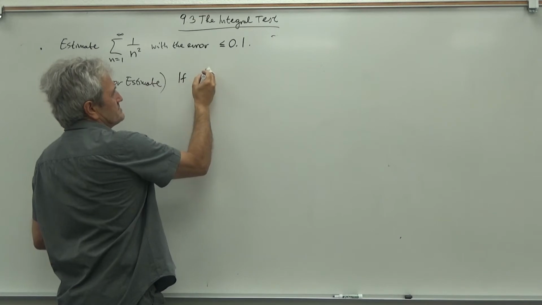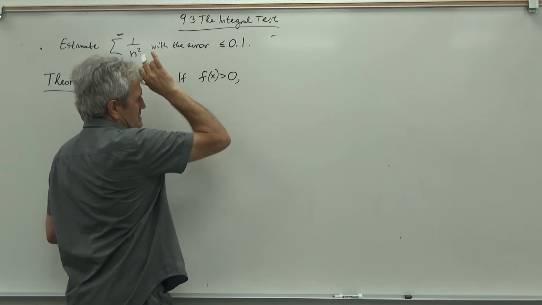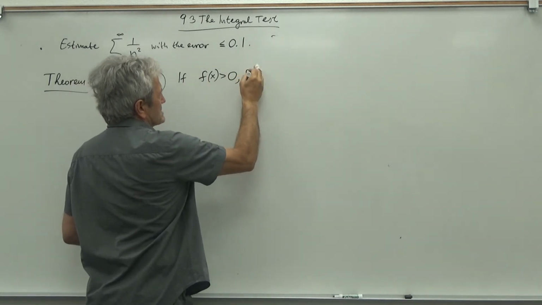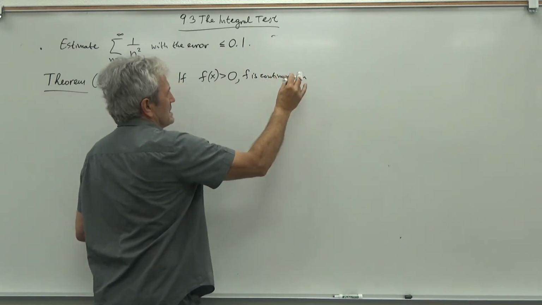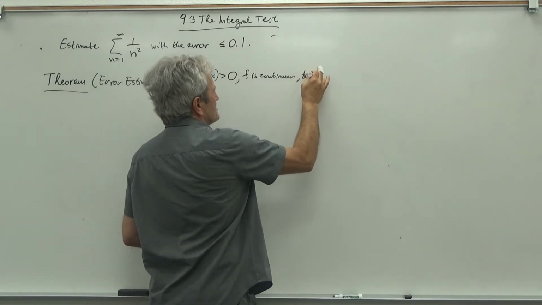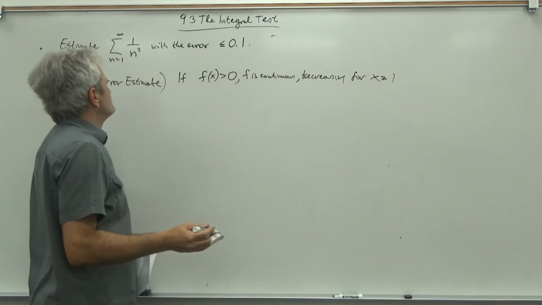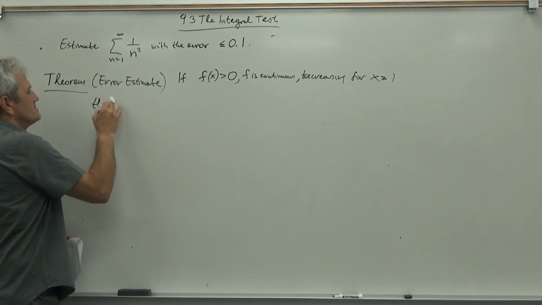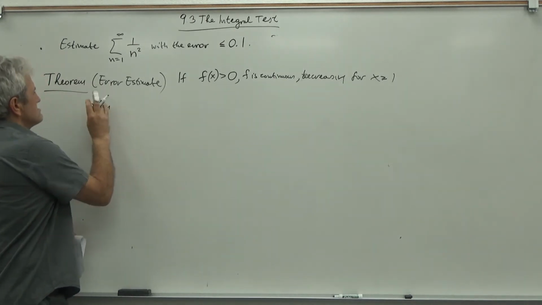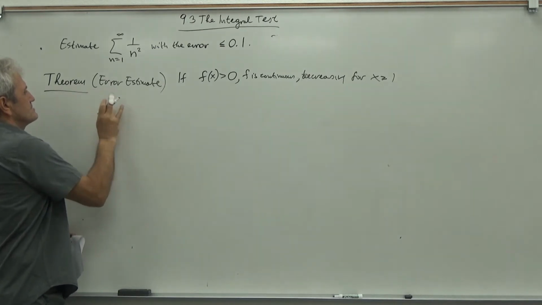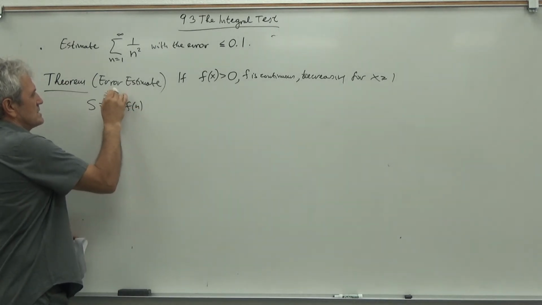If f of x is greater than 0, f is continuous, and decreasing, for x greater than or equal to 1, and then S equals the sum of f of n when n goes from 1 to infinity.